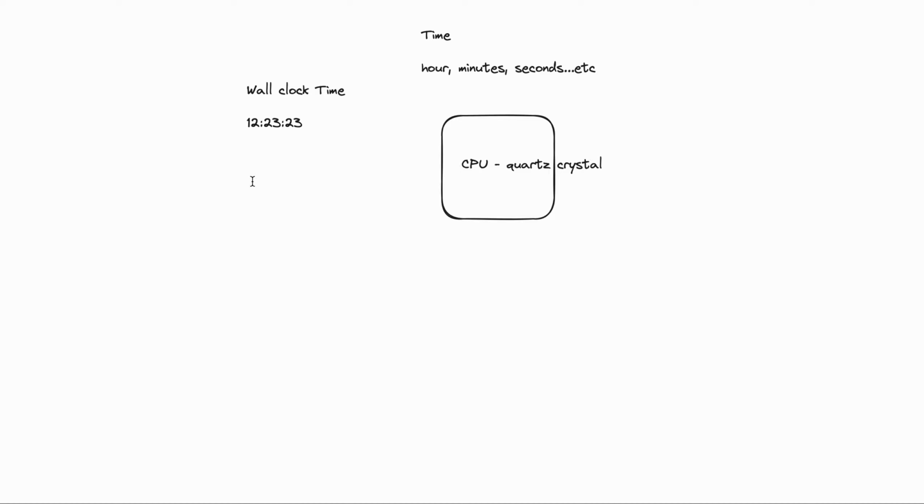This is monotonic time. For example, the time that is measured in the CPU is called the monotonic clock. A simple example: if you use the Java API, System.nanoTime returns the monotonic time, and we can use this API to calculate the elapsed time.